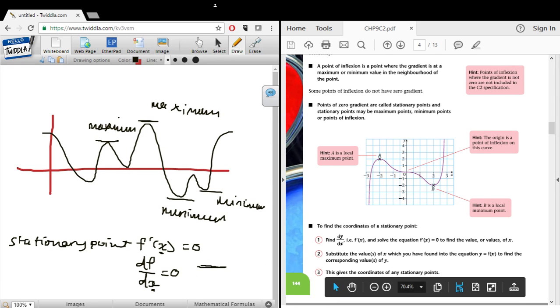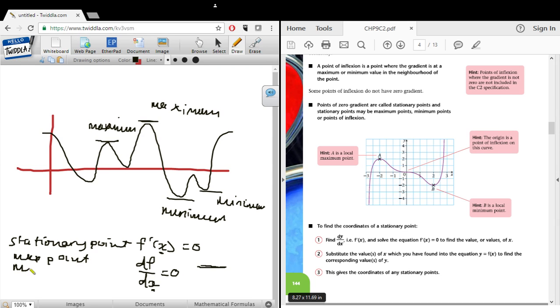So, as we can appreciate, the stationary point is going to be a maximum point, a minimum point, or an inflection point. Okay? So it could be either one of these three, and it will be up to you to figure that out in an exam.